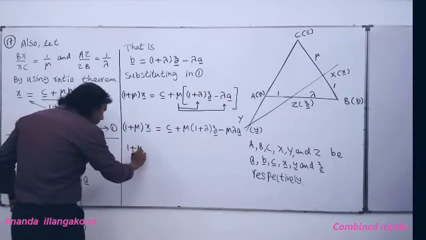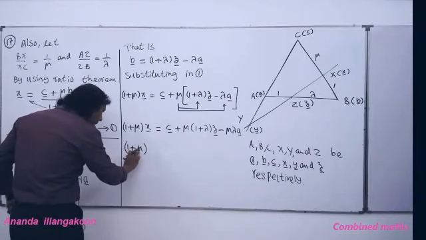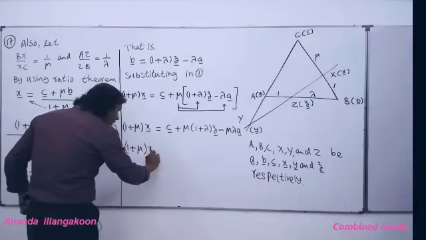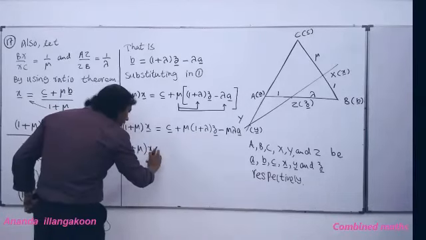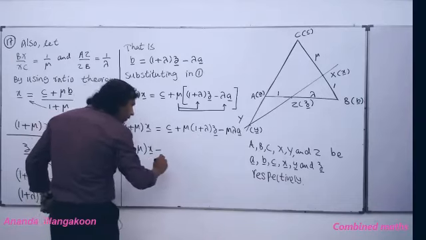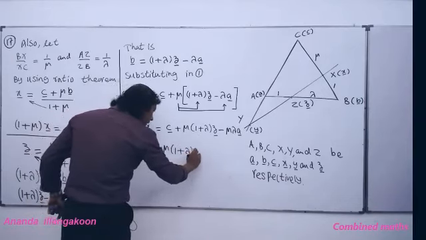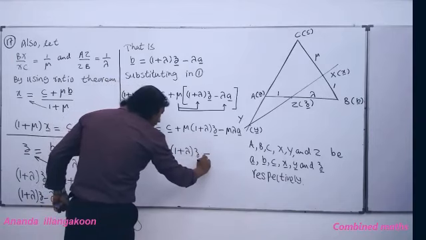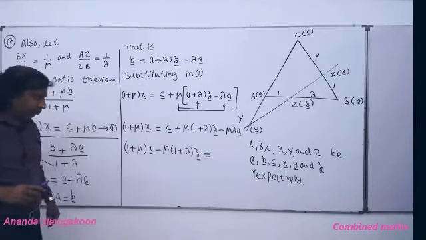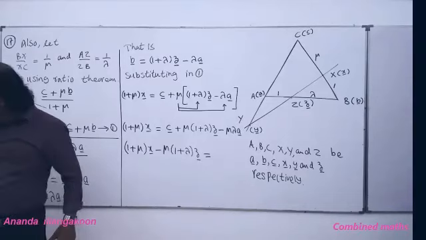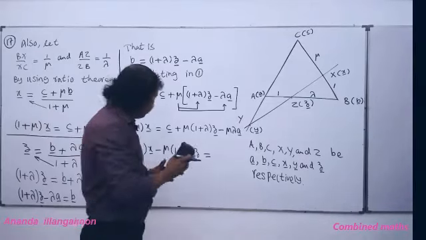1 plus mu times X vector. Once I take this side, minus mu times 1 plus lambda Z. We get. And now what is available on the right hand side?